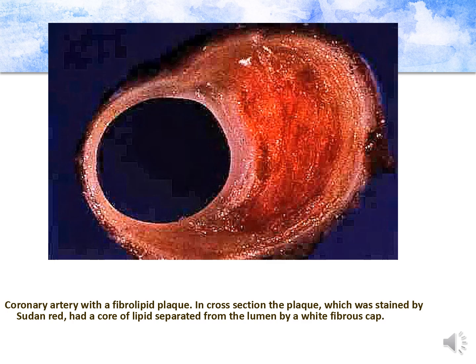Here you see the coronary artery with pathological changes. We see here a fibrolipid plaque. In cross-section of the plaque, which is stained by Sudan red, we have a plaque with a core of lipid separated from the lumen by the whitish fibrous cap.